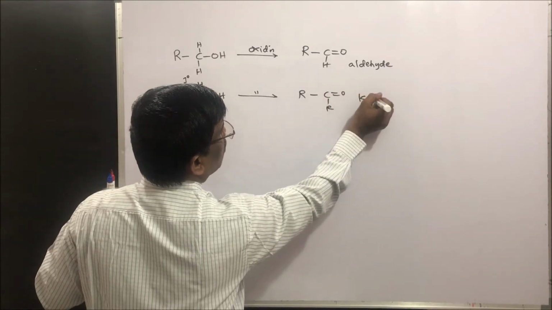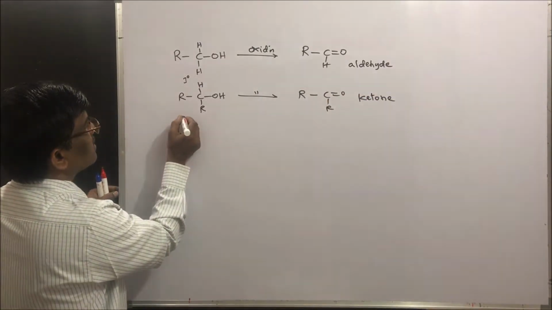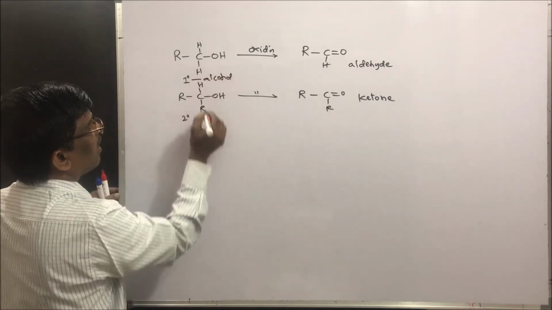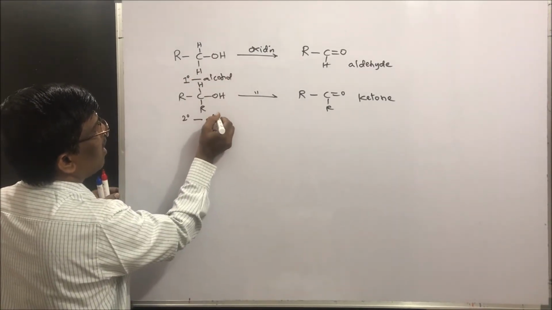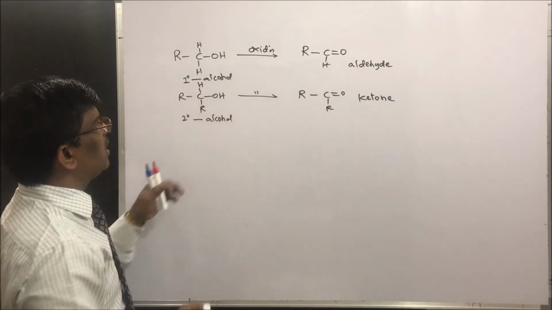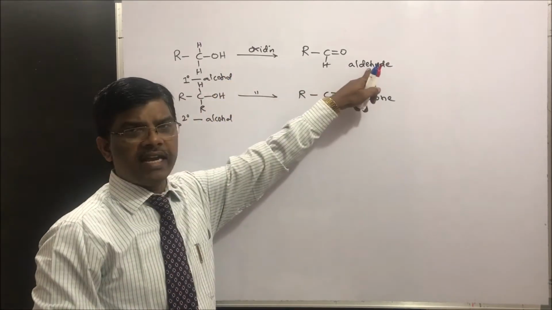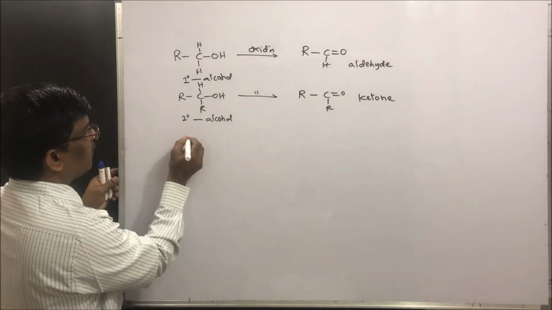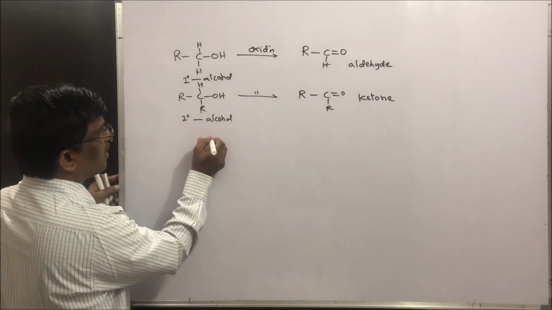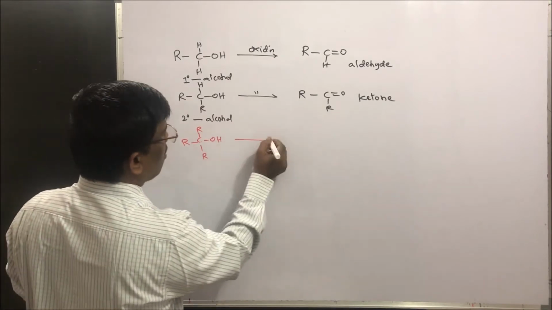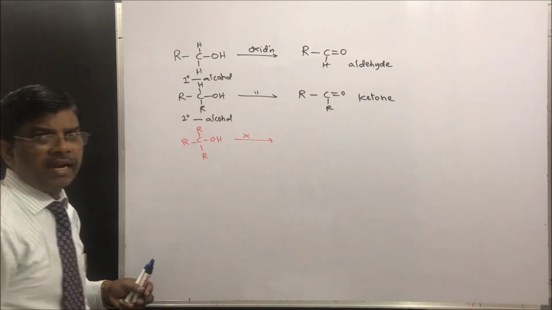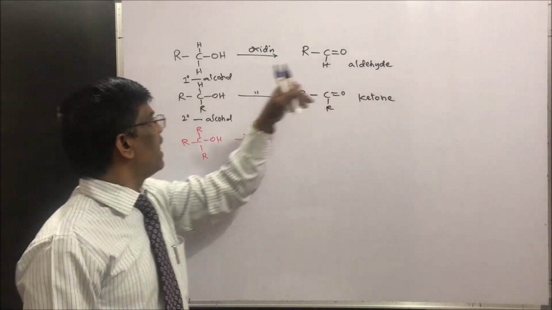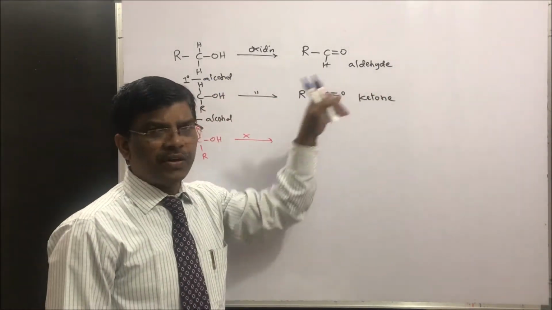This is the primary alcohol and this is the secondary alcohol. Upon oxidation, primary alcohol gives aldehyde and secondary alcohol gives ketone. However, if I take a tertiary alcohol, this oxidation is not going to be done.